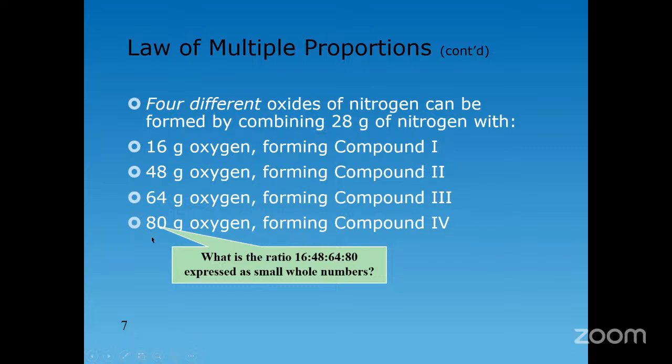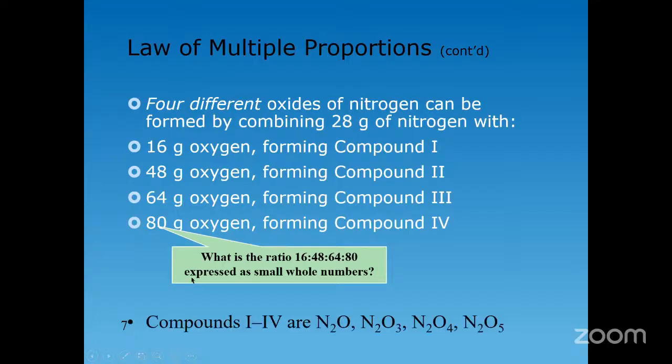And compound 4 is formed when it reacts with 80 grams of oxygen. So you'll notice that the 28 grams of nitrogen, which is fixed, combines with these masses to give these different compounds, and these masses are in the form of whole number ratios.